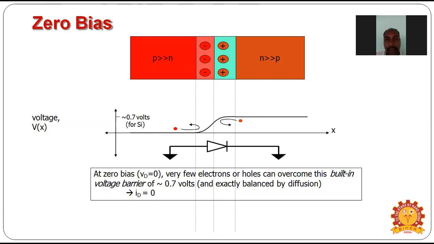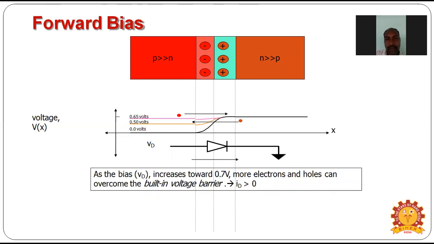Gradually it increases from the normal position along the y-axis, and after that it gradually returns to normal. So at this zero bias, very few electrons or holes can overcome this built-in voltage barrier.